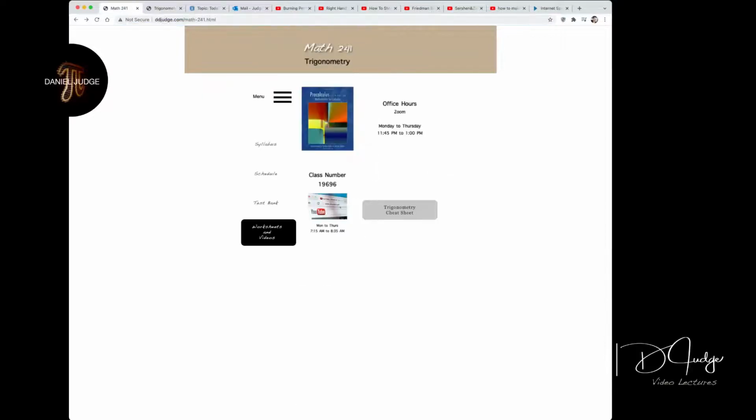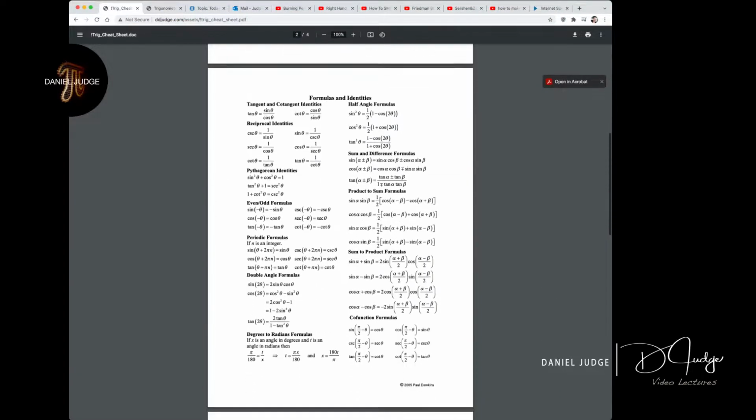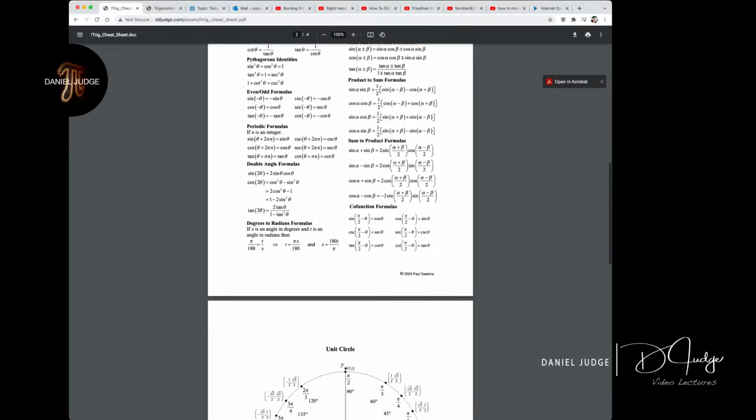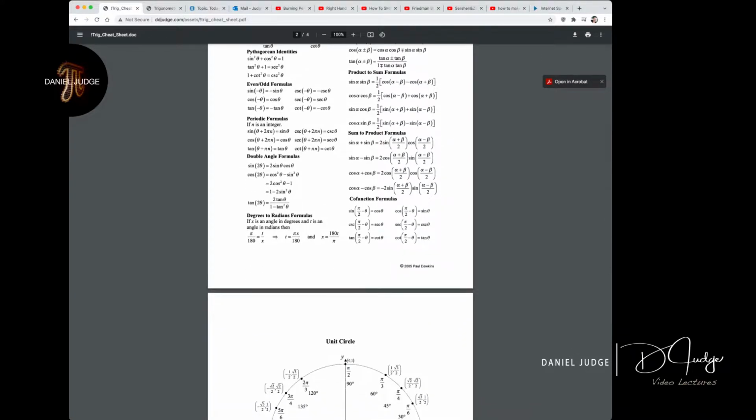We're looking at this cheat sheet, right? If you look at the Pythagorean identities, it's not the only identity that we have. In other words, we have tangent squared theta plus 1 equals secant squared theta.